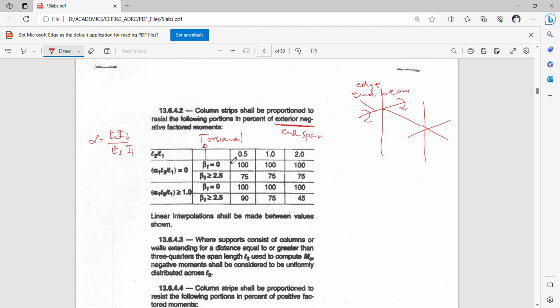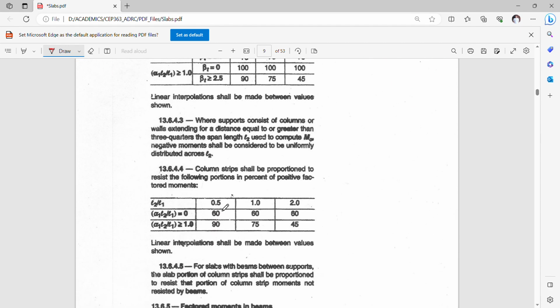this table, and another table here below is for positive. Remember that for positive, the effect of your torsional beams is not considered because you are looking at the midspan moments, and therefore there's no beta parameter here. Then you have only to compute L2 over L1 and alpha 1 L2 over L1 as your basis for these percentages.